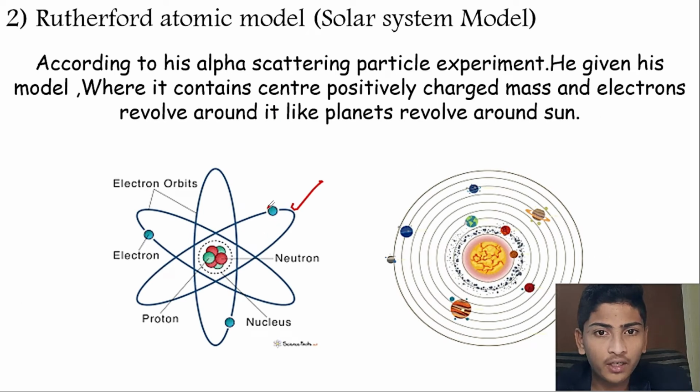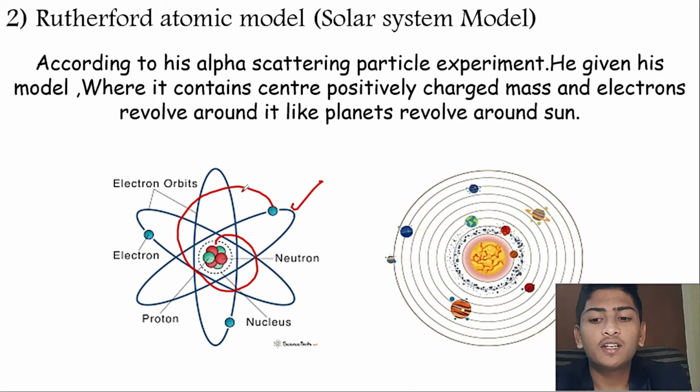Rutherford could not explain why electrons would not collapse into the nucleus. In this case, it would take less than 10 to the power of minus 8 seconds for an atom to collapse. But we know that the atom is stable.